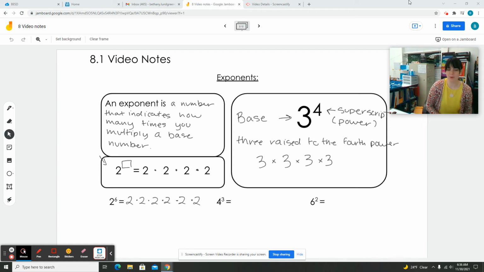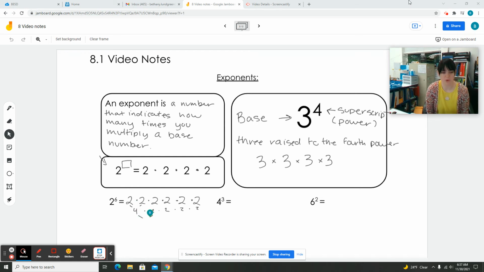Oof. For exponents, you will be asked to evaluate these exponents, which means that you are going to have to figure out what 2 to the 6th power is. So 2 to the 6th power, we have 2 times 2, which is 4, and then that leaves us with 4 times 2 times 2 times 2 times 2. Like that. Because we multiplied these two together.